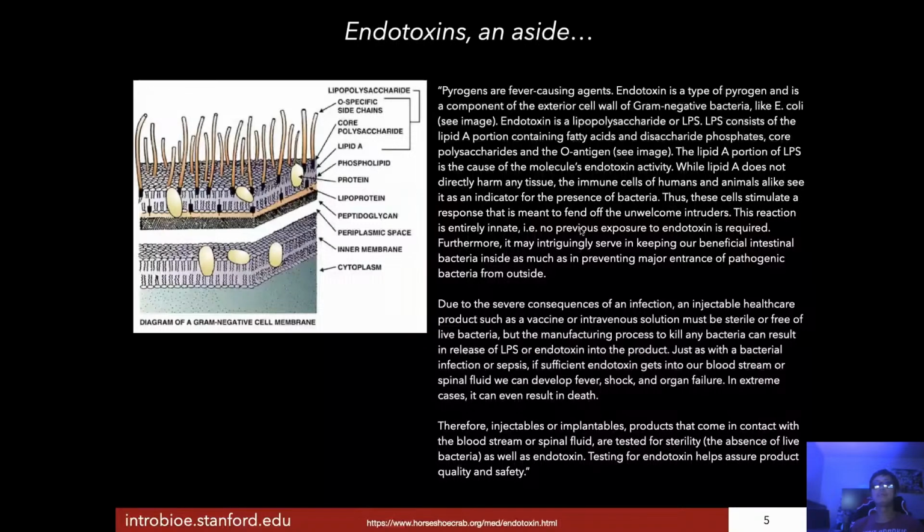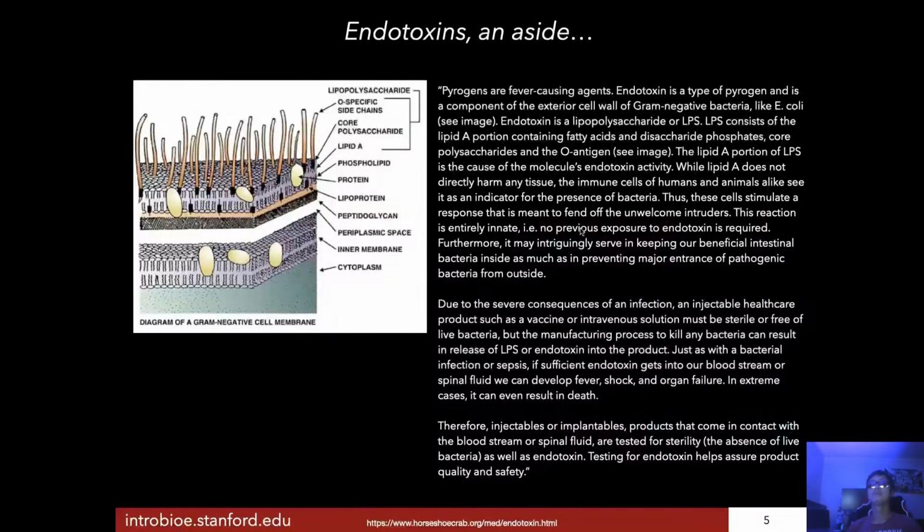So if you get a bacterial infection, you might get a fever, in part because you might have endotoxins or pyrogens. In medicine, not only is that an issue, but if we use bioengineering to make medicines, then we might want to make sure we're purifying our medicines from any endotoxins.